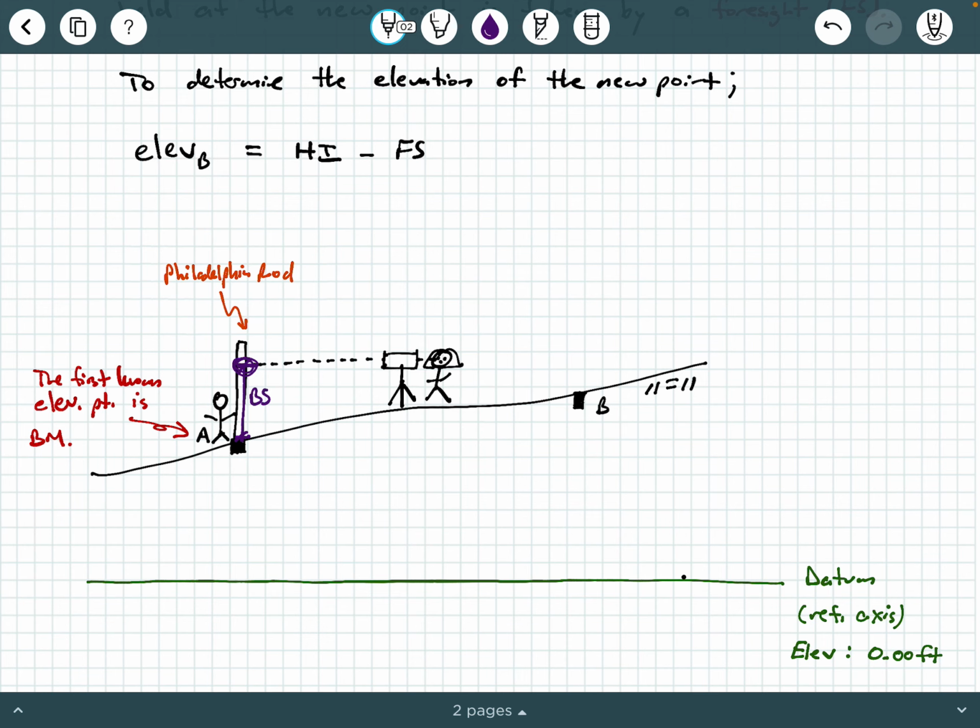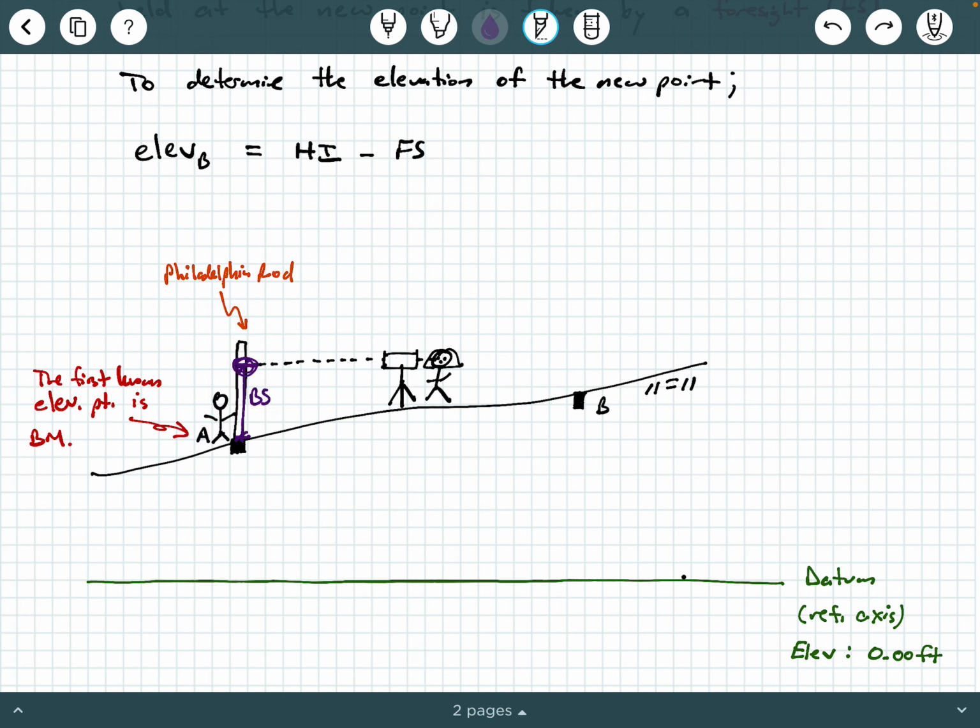And then what happens is the person holding the rod, sometimes called the rod person, is going to pick up this rod and move it to the new point, okay? So we're going to say this person right here is going to pick up the rod and move it over here, all right?